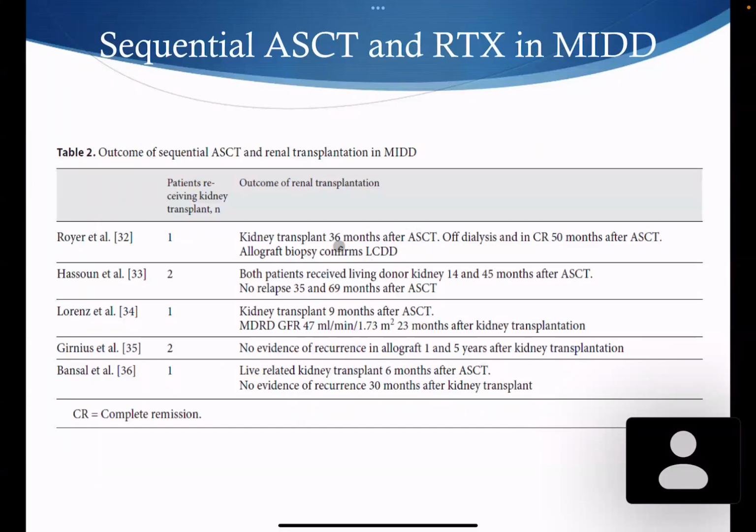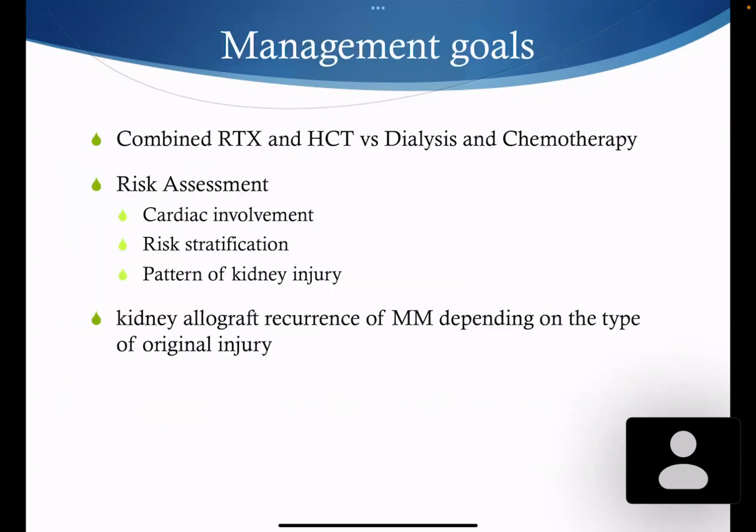management of those patients. Some people wait for 3 years after autologous stem cell transplant. Others wait for only 6 months, but most of the cases showed a favorable outcome for the kidney or the graft. So again, as we've mentioned, could it be combined or could it be sequential?